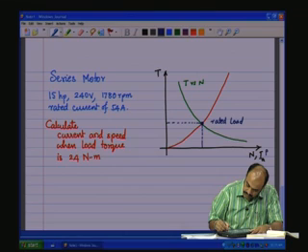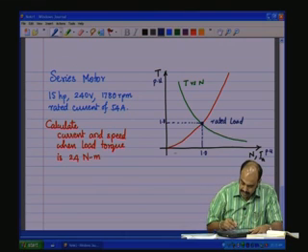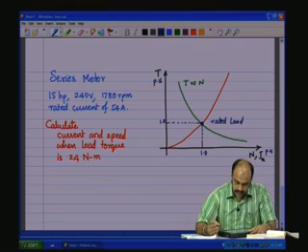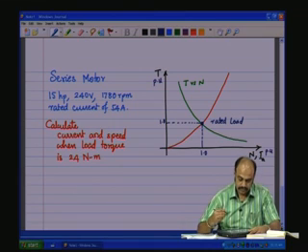So, if we say these are all on per unit values, this would be 1.0. At rated current, 100% current, there is a 100% torque. This is the graph which is also given to us.